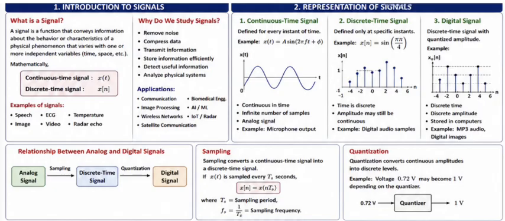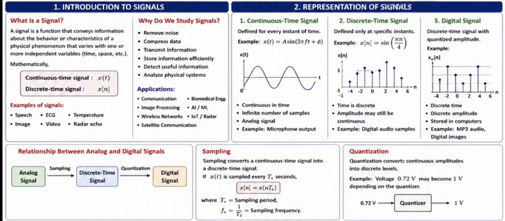So far we have discussed what is meant by a signal. As I said earlier, it is a medium used to transmit useful information from one place to another. Generally, we can classify it as a continuous time signal and a discrete time signal. If I'm able to define the characteristics of the signal at any point of time in the given time interval, I call it a continuous time signal. If the time is discretized, I call it a discrete time signal.